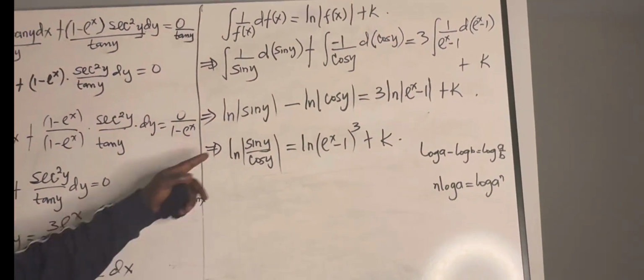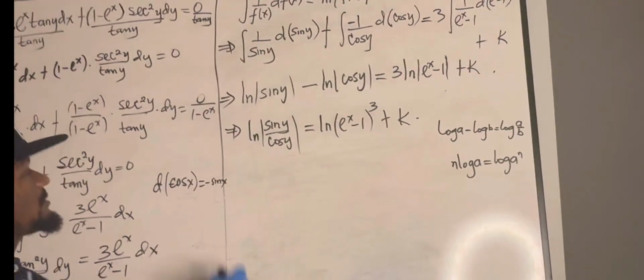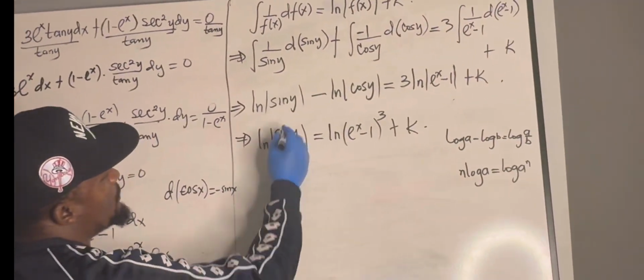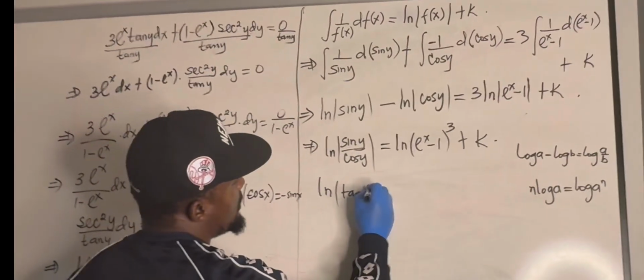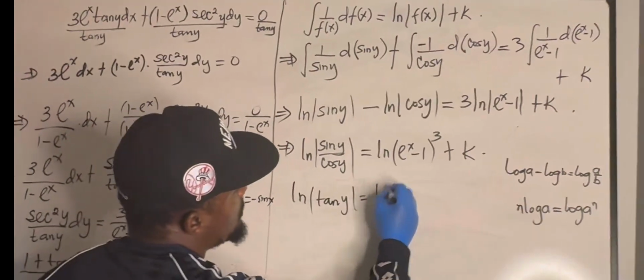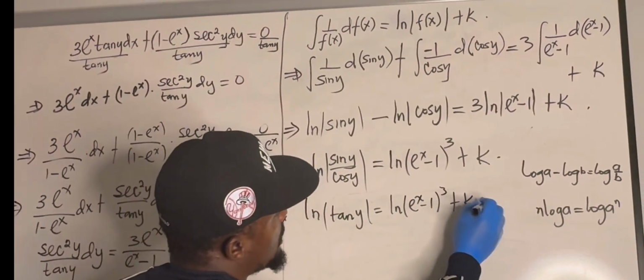Of course, sine y divided by cos y is what? Tan y. So I can go ahead and put ln the absolute value of tan y equal to ln x power x minus 1 plus k.